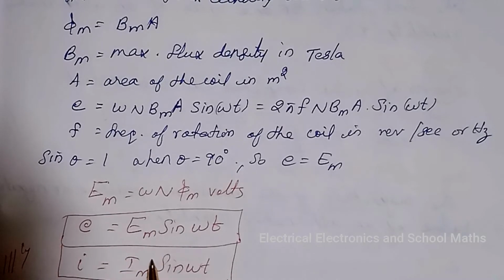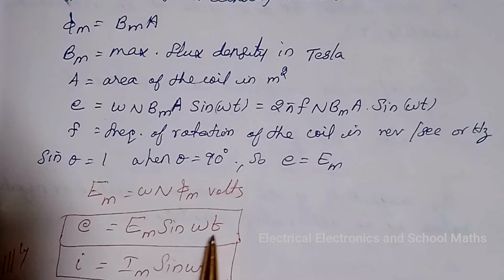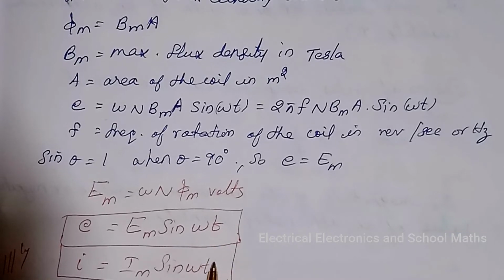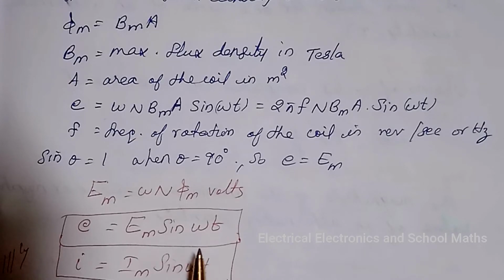From these equations, it is clear that instantaneous values of EMF and current vary as the sine functions of time angle theta or omega t. That is why the generated voltage and current are referred to as sinusoidal voltage and current.